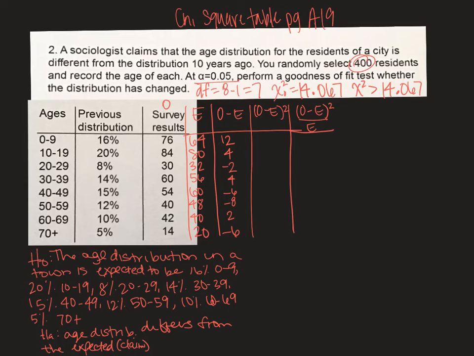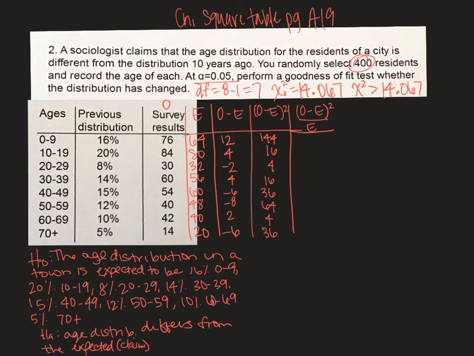So 12 squared, 4 squared, negative 2 squared. Remember, when you square a negative, it's always a positive. 4 squared, negative 6 squared, negative 8 squared, 4 squared, and negative 6 squared.